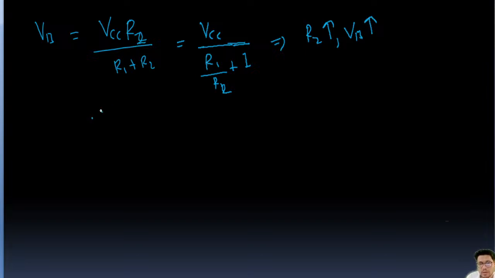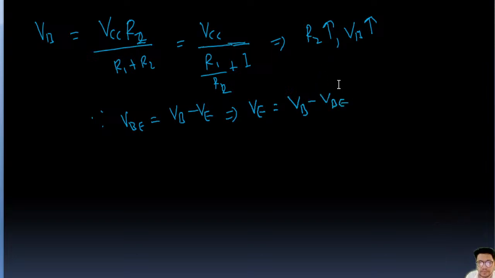Also we know VBE equals VB minus VE. This implies VE is going to be VB minus VBE, right?